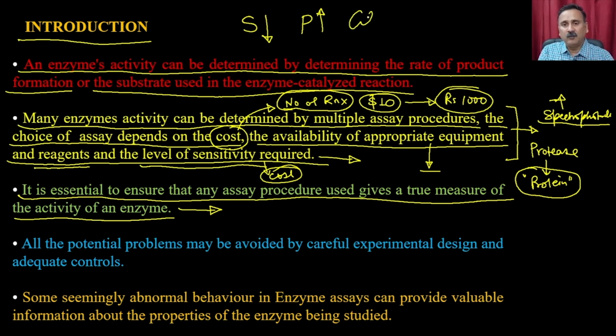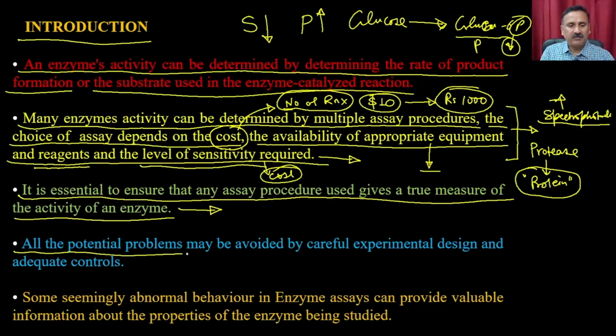For example, if you are measuring an assay where glucose is getting converted into glucose 6-phosphate, these two are very different except that a phosphate group is attached to the product. So you can only use this as a probe to measure. That is how you should have a very good procedure in which you do not get misguided and measure something which may not reflect the activity of an enzyme.